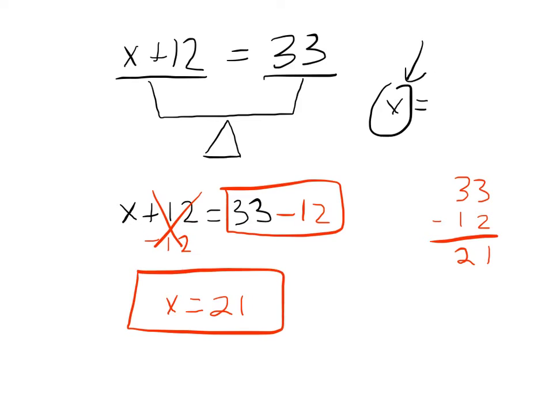So now I found the answer. X is isolated here, it's all by itself, and what I did to this side, I subtracted 12 over here, I also did to this side, so x equals 21. So if we were to go back up here and say 21 plus 12 equals 33, my equation is balanced.